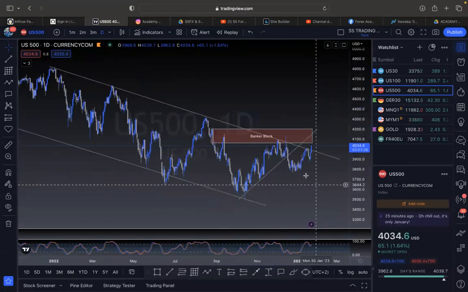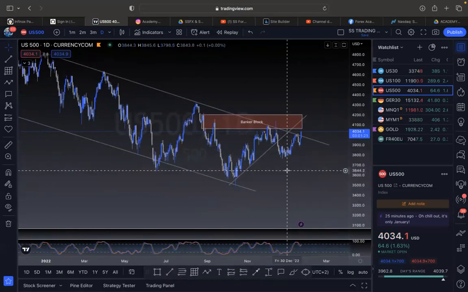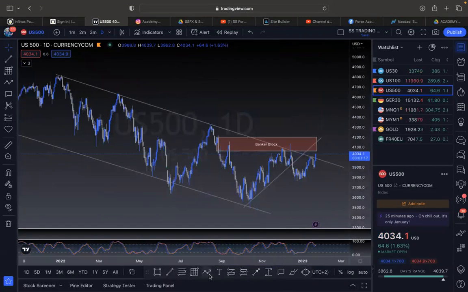Okay, so S&P 500 is looking more or less the same as Nasdaq. It's currently trying to break out of the channel that we've been playing in, and you would be looking at a retest on the backside of this trend line. So that was the counter trend, but now turning into the trend.